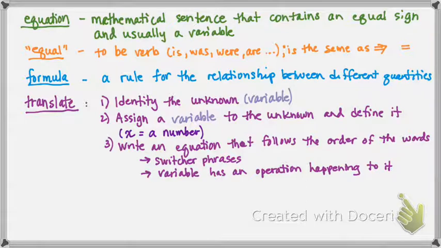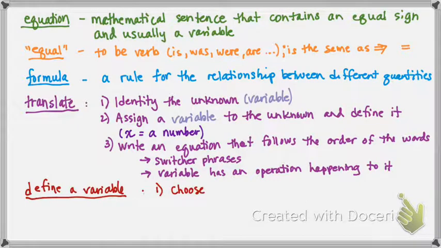So the last thing I want to do is to remind you what I mean by this phrase: define a variable. So it's got two little parts. One, you're going to choose a variable, so you get to choose. I'll be honest with you, my 8th grade algebra teacher, Mr. Cuneo, I got just X is it.